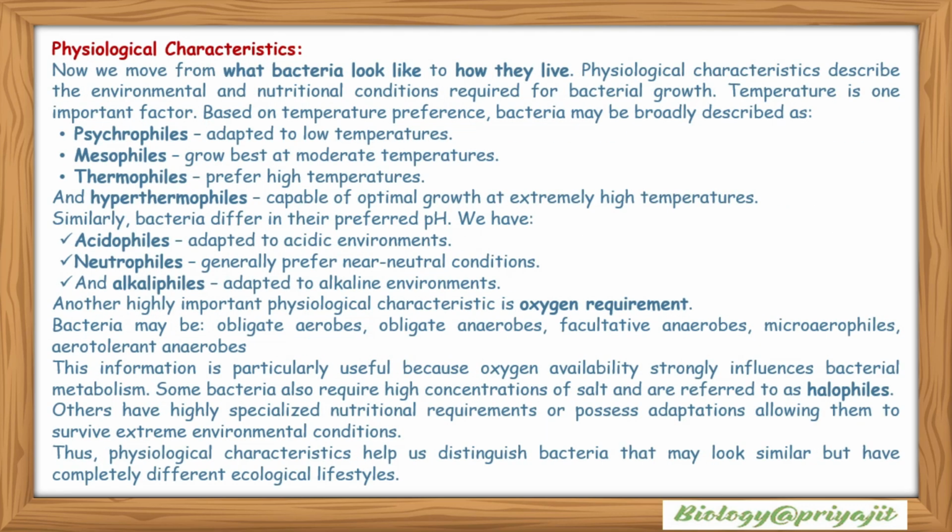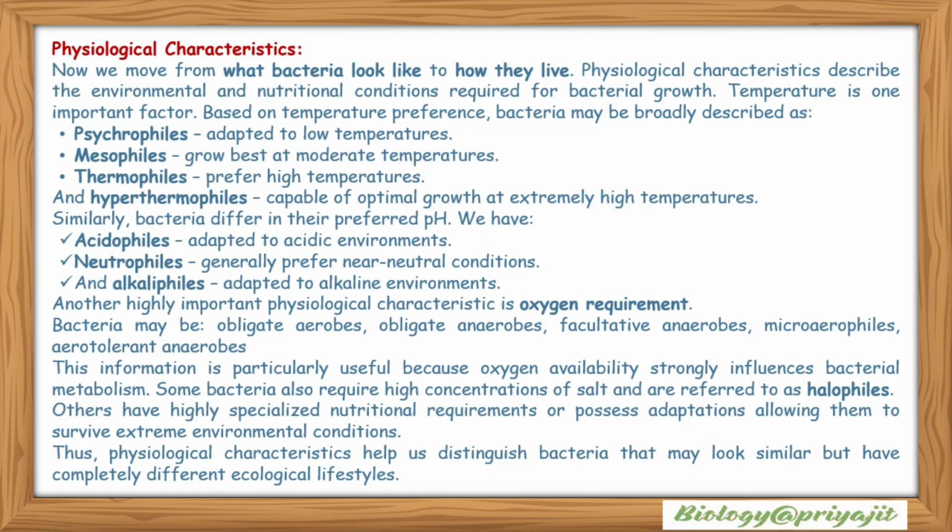Physiological characters. Now we move from what bacteria look like to how they live. The physiological characters describe the environmental and nutritional conditions required for bacterial growth. Temperature is one important factor. Based on temperature preference, bacteria may be broadly classified as psychrophiles, mesophiles, thermophiles and hyperthermophiles. Similarly, bacteria differ in their pH tolerance.